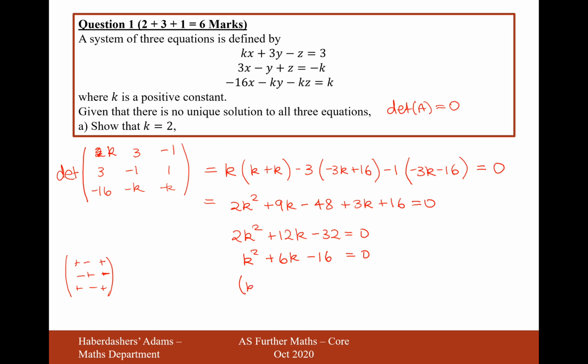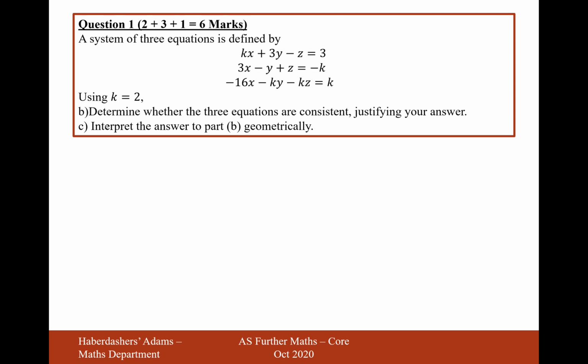So therefore now we'll factorise: k plus 8, k minus 2 equals 0. So therefore k equals minus 8 and k equals 2. Given that k is a positive constant, k is definitely equal to 2. When the determinant is equal to 0, the value of k equals 2.